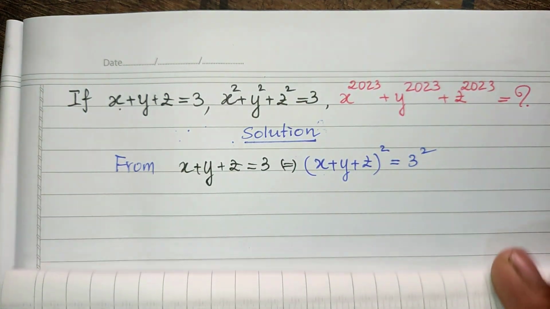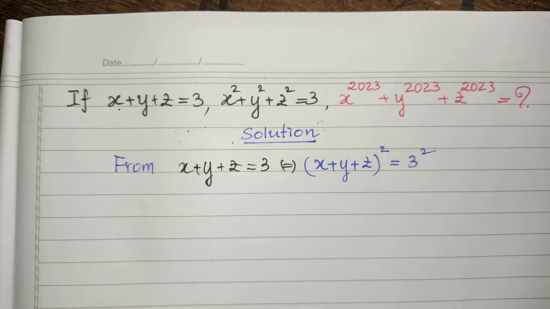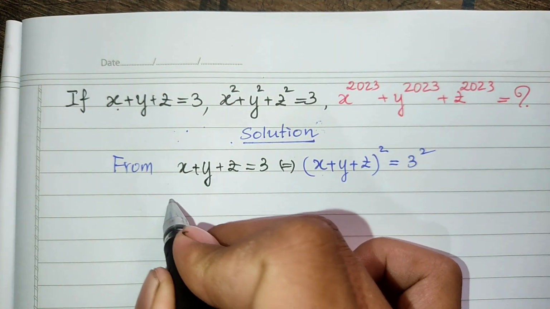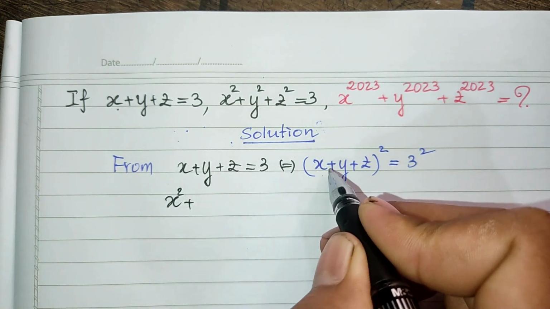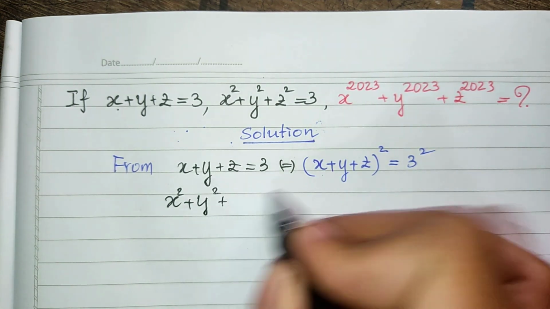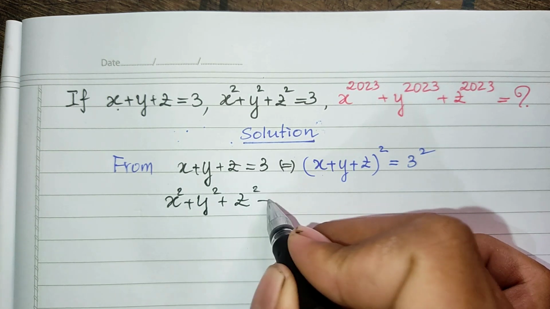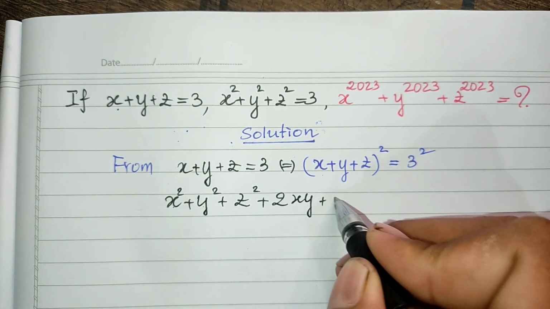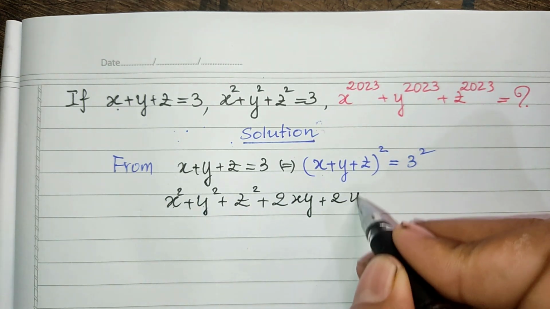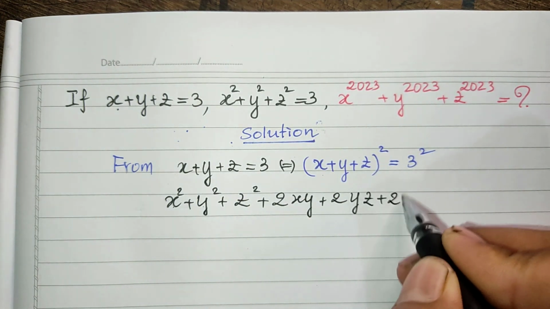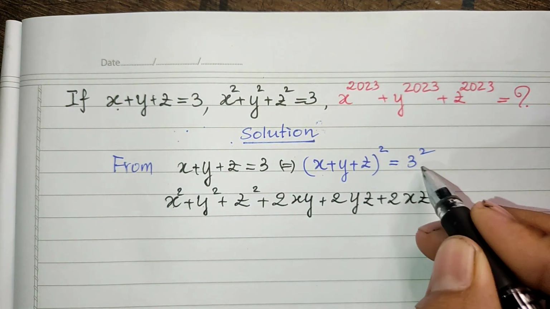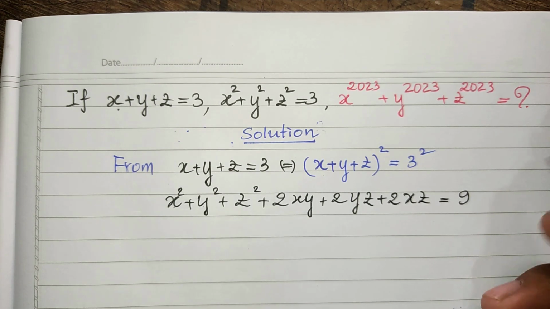So we get x squared plus y squared plus z squared plus 2xy plus 2yz plus 2xz is equal to 9.